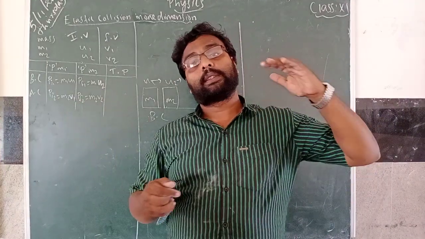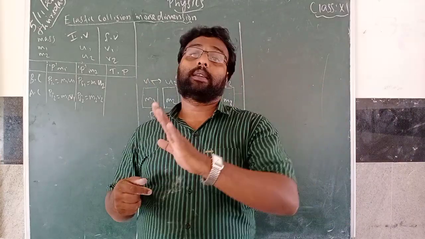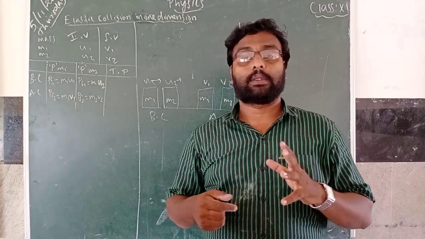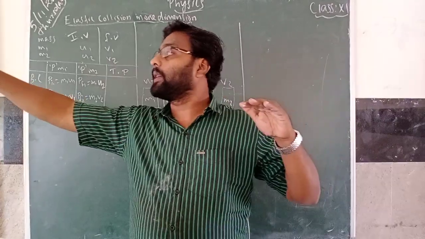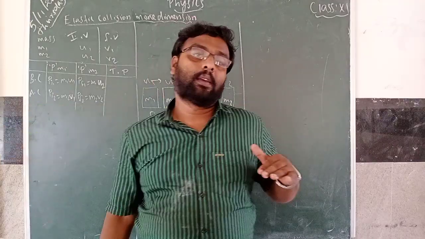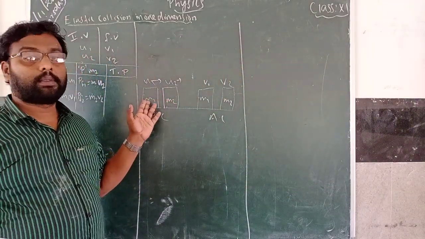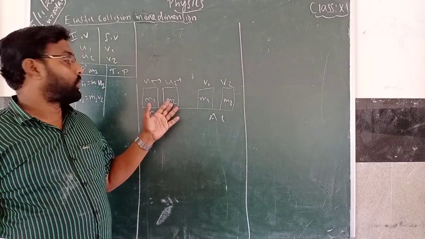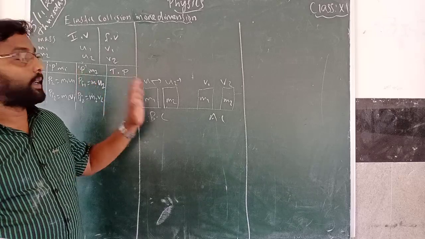This object is kept on a horizontal frictionless surface, and once it is hit, it is moving in this direction. Here you can see the diagram: mass m1 and another mass m2, two masses which are allowed to hit each other.